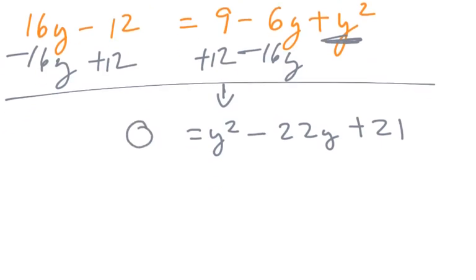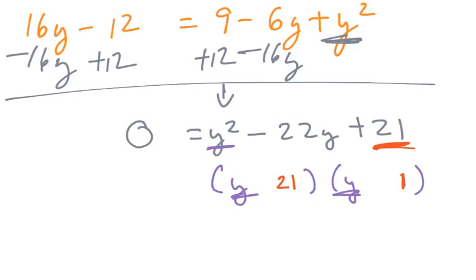And the reason why we want it equal to 0 is that we can use the zero product rule, which essentially says that we can reverse FOIL. So notice here I'm saying what times what is y squared: y and y. We're going to go to the back now, and we're going to say what times what is 21. Now, this is tricky. You're going to use 21 and 1, and I think the vast majority of people, when they first see that, are going to think 3 and 7.